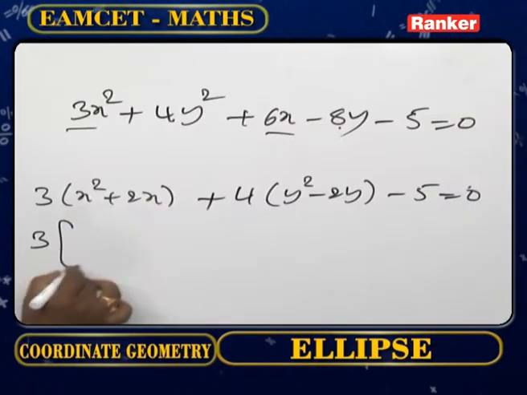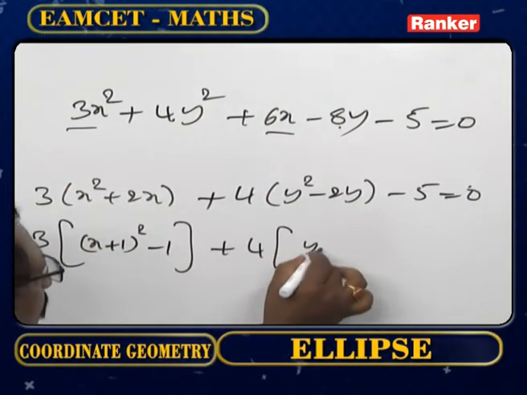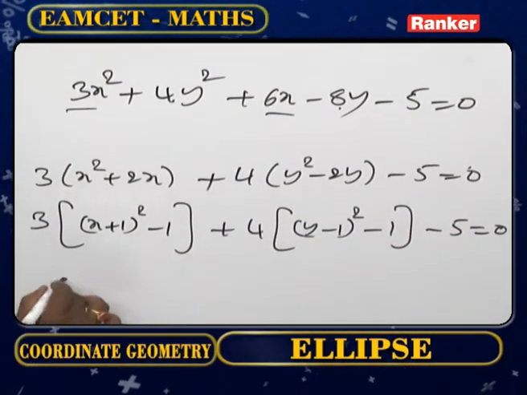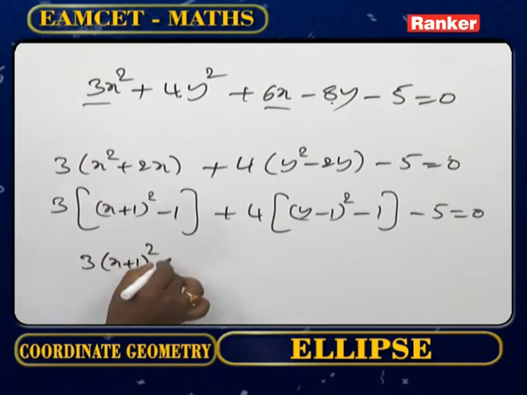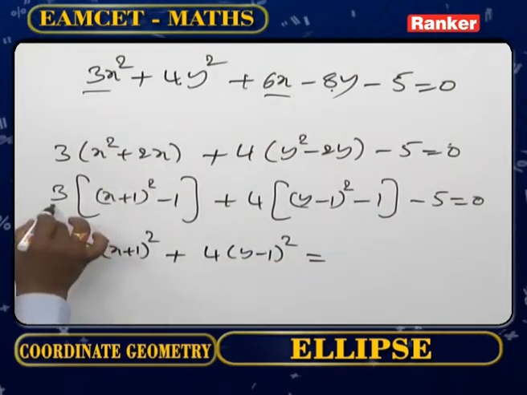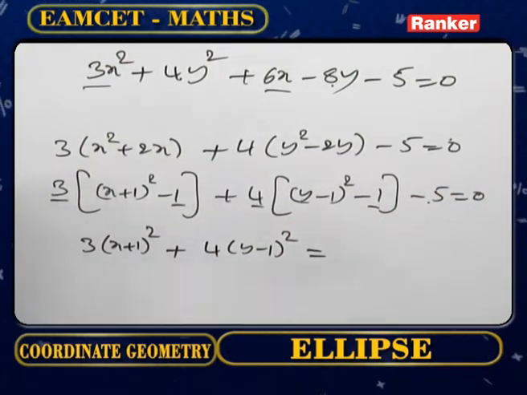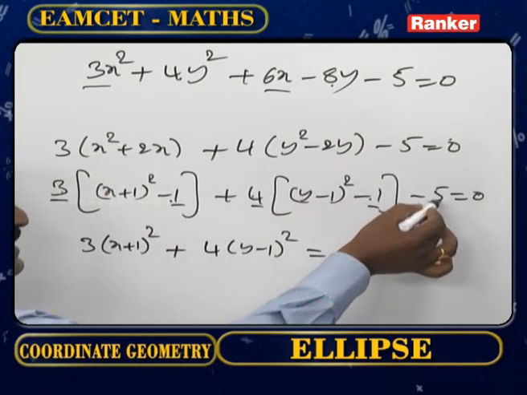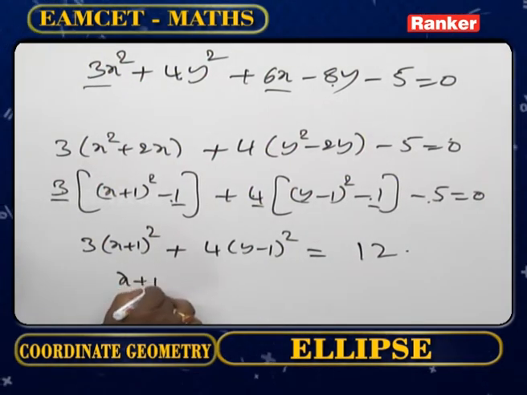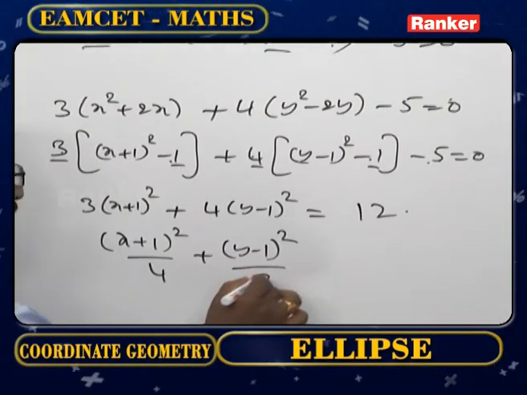Now 3 into (x plus 1) whole square minus 1 plus 4 into (y minus 1) whole square minus 1 minus 5 equals 0. Taking the constants to the right side, we get 3 plus 4 plus 5, which is 12. Now (x plus 1) whole square by 4 plus (y minus 1) whole square by 3 equals 1.